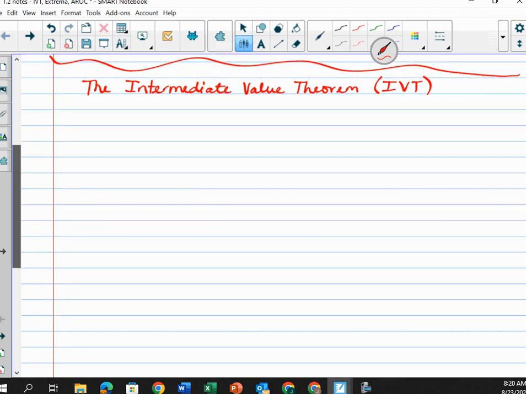So this theorem is pretty wordy. So let me write it all, and then I promise we'll go back. I'll explain what it's actually saying. Okay, but let's get it written down first.